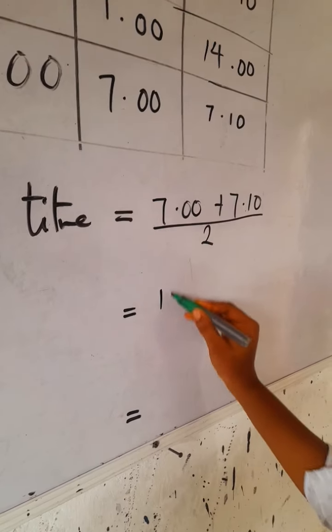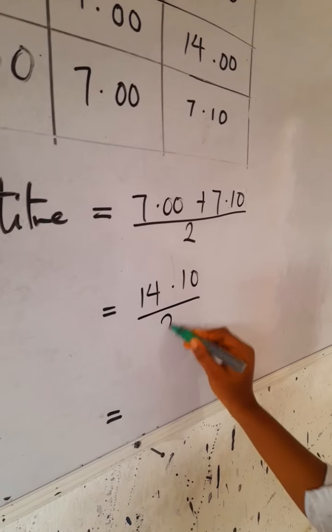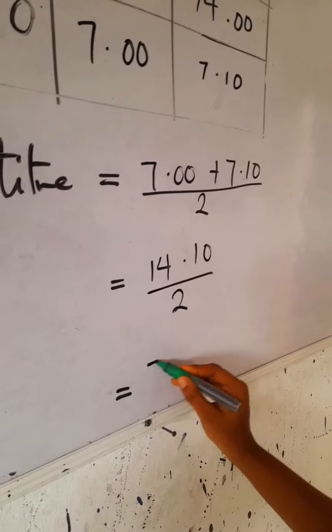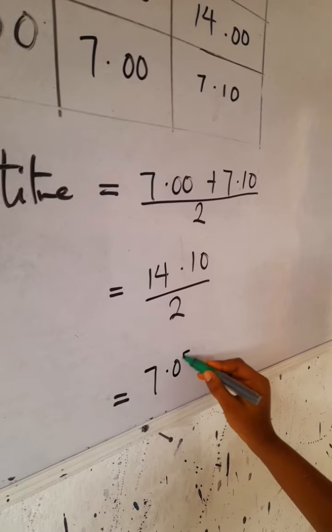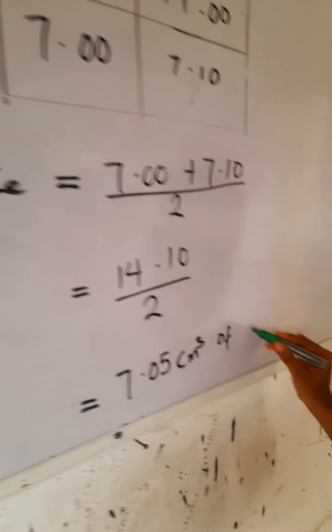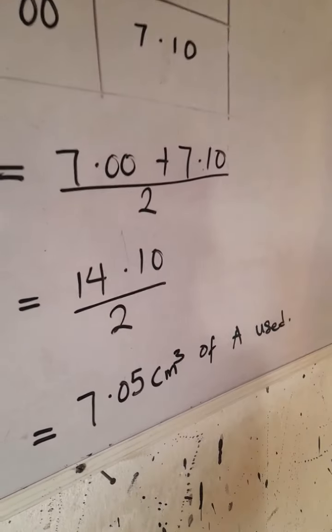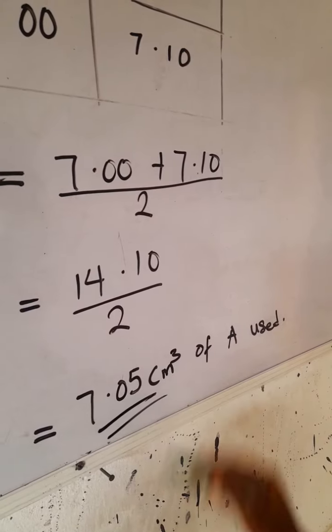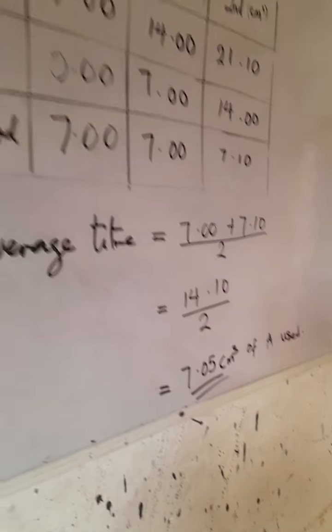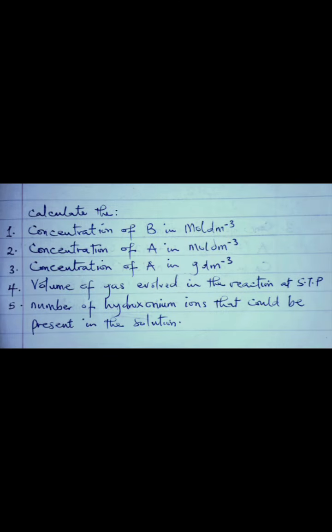That's to say 14.10 divided by 2, which will give us 7.05 cm cube of A. Remember, A is the acid, so 7.05 cm cube of A used. All right, so that is it. So let's solve the questions that follow.